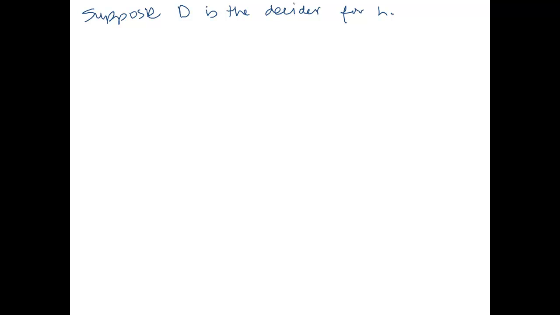So our idea is going to be to construct a decider for ATM that itself is going to construct another machine that accepts all odd numbers if and only if M accepts W. Let's construct a decider, let's call it A, for the language ATM as follows.